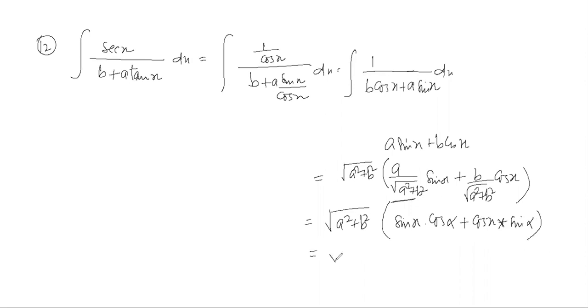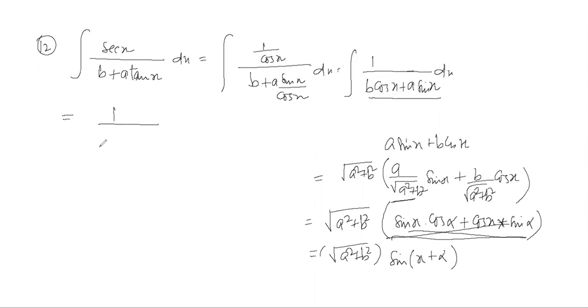It seems the formula is that of sin(a plus b), that is sine of x plus alpha. So in place of a sin x plus b cos x, I can write root under a square plus b square and 1 upon sine of x plus alpha.